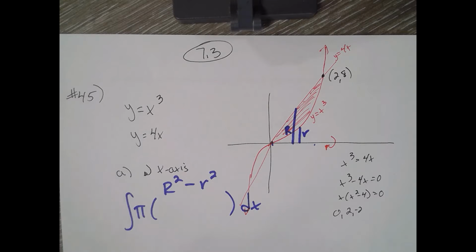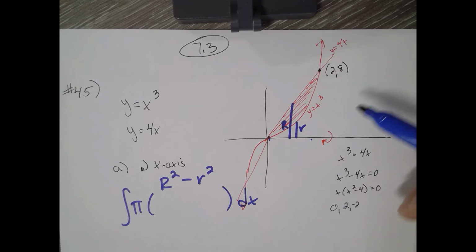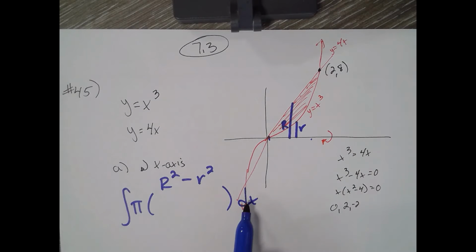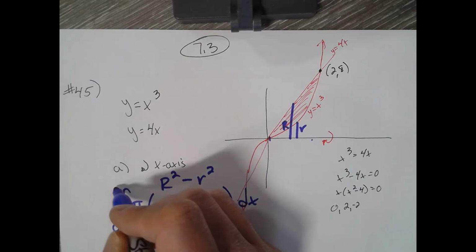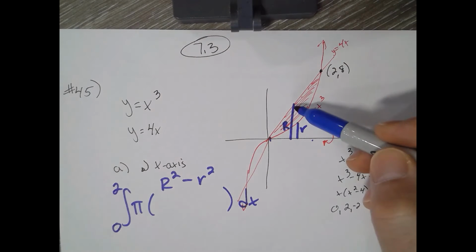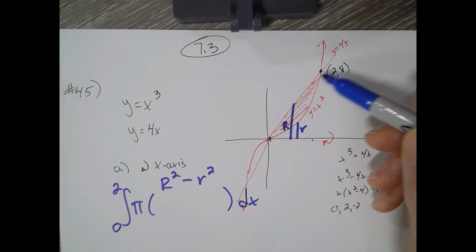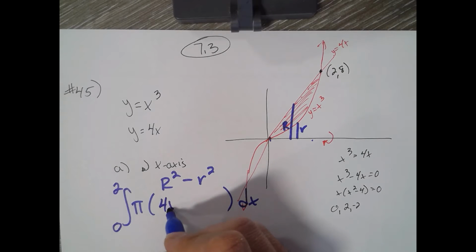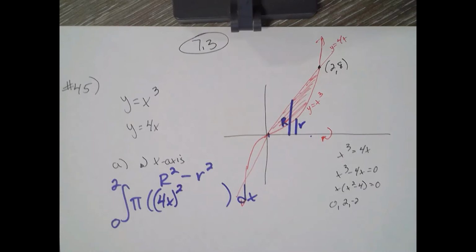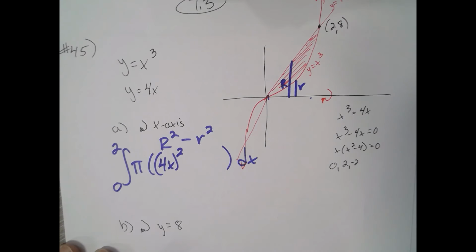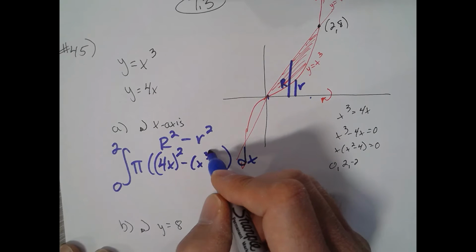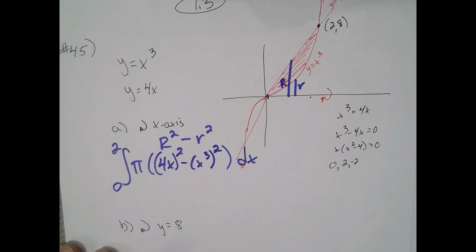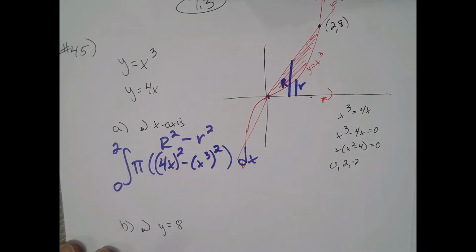Back to this one, we're integrating dx, so we're going from 0 to 2. Your big R is that y, which is just 4x, and your little r is this y, which is x cubed. And that'll get you the volume going around the x-axis.